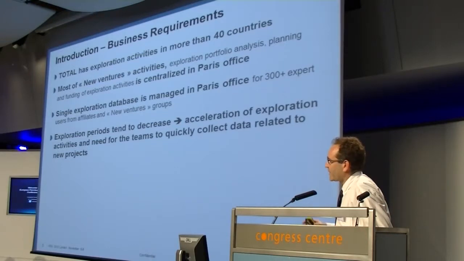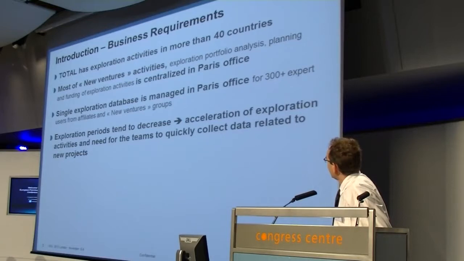It means that very regularly we are consolidating all the budgets and plans and everything from the affiliates and also from the new venture teams. So we have a single exploration database managed in the Paris office for around 300 users from affiliates and new venture.